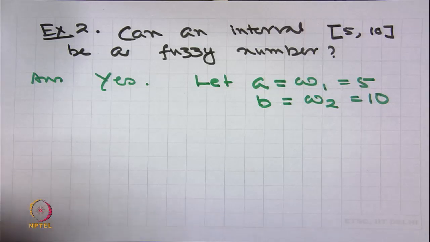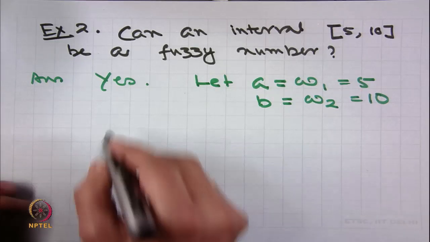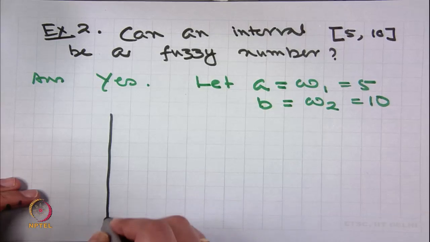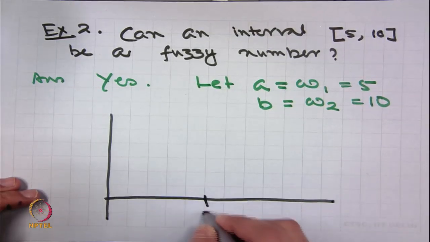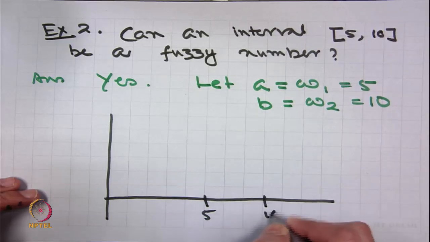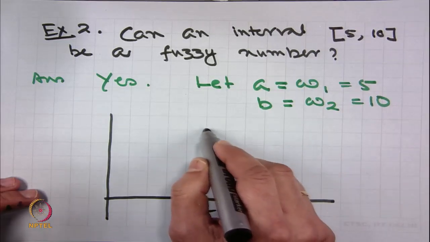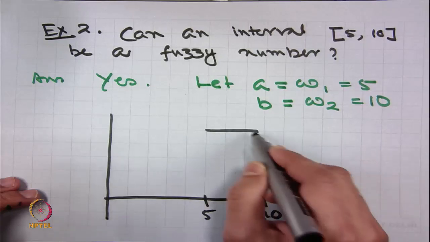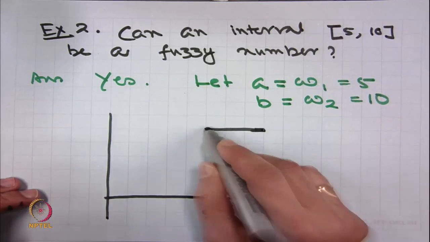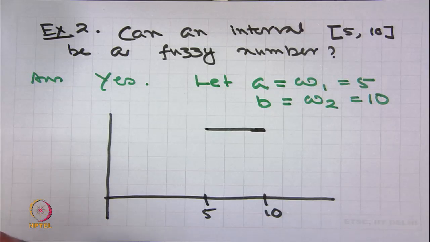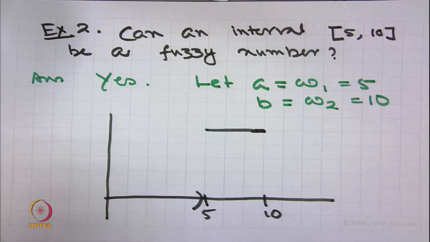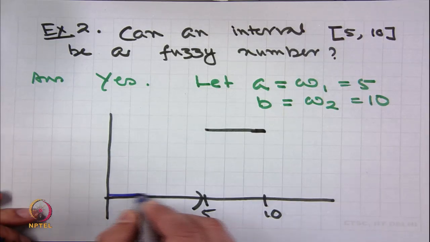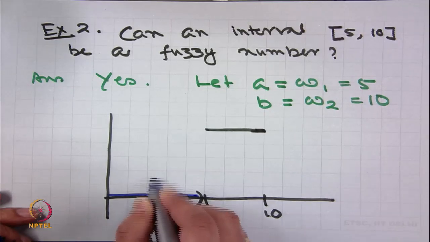Therefore, what we have in the interval 5 to 10, we have the membership value 1. Since W1 is equal to 5, in this interval the membership is 0, which is Lx.